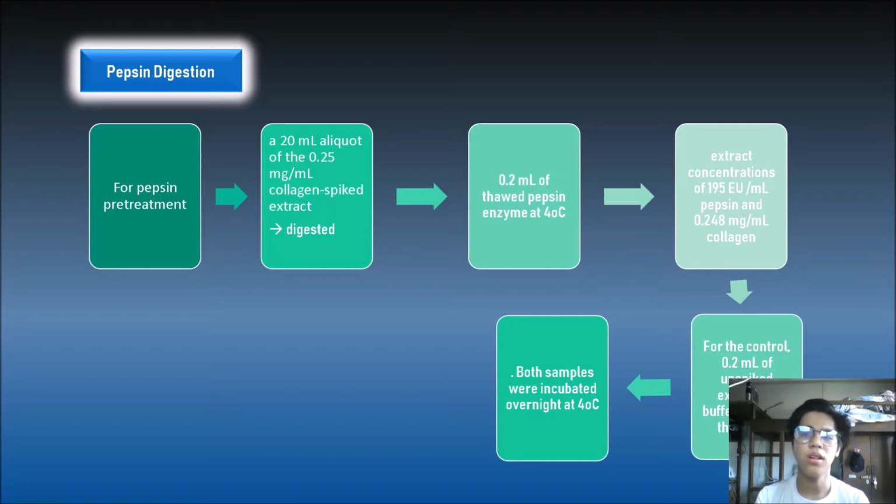For the control, 0.20 ml of unspiked extraction buffer replaced the pepsin. Both samples were incubated overnight at 4 degrees Celsius.